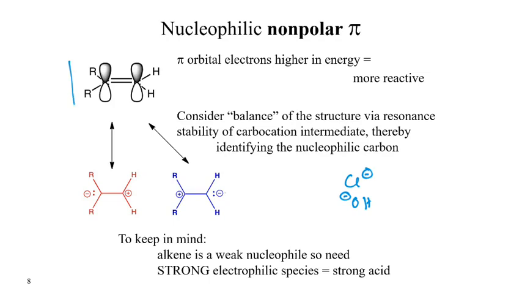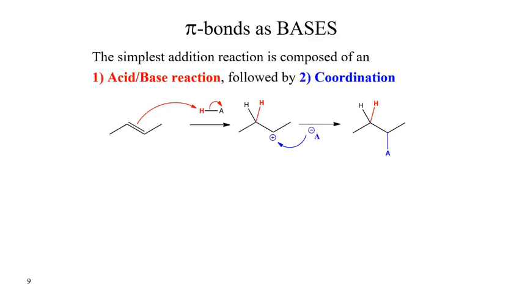Okay, we'd be looking at our starting material. The starting material does not have that negative charge, so it is not a strong nucleophile, which does mean that we need a strong electrophilic species or strong acids to force this to occur. Okay, we will be addressing that in detail in kind of subtle nuances and let you self-discover that in a little bit. Okay, so first and foremost, let's jump to pi bonds as bases.